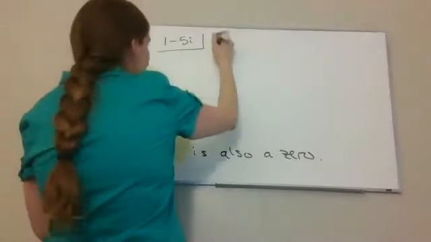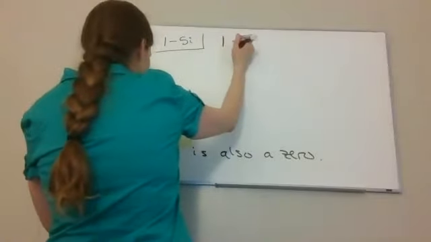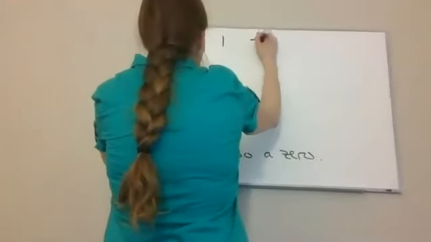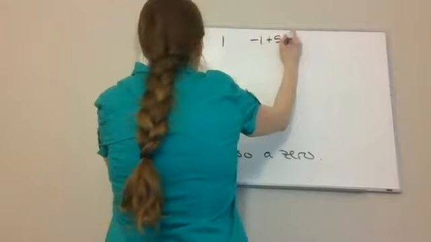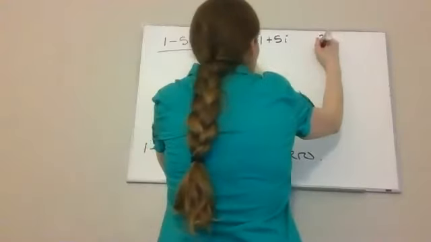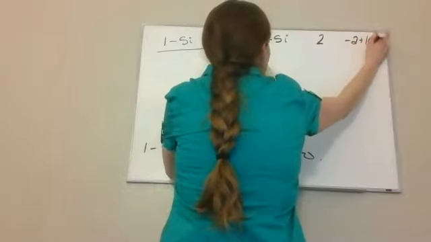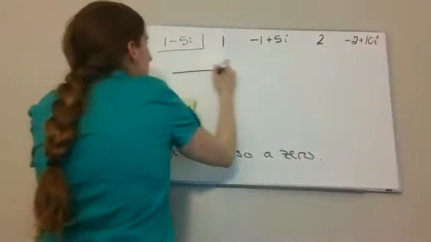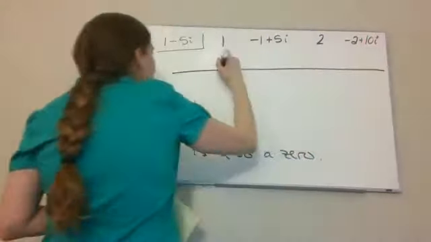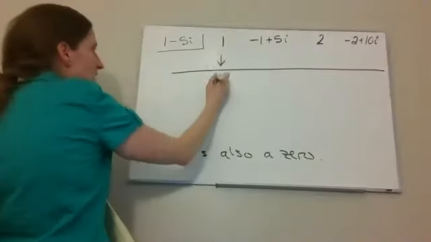The coefficients that I just got from my last result were 1, negative 1 plus 5i, 2, and negative 2 plus 10i. And do your synthetic division.